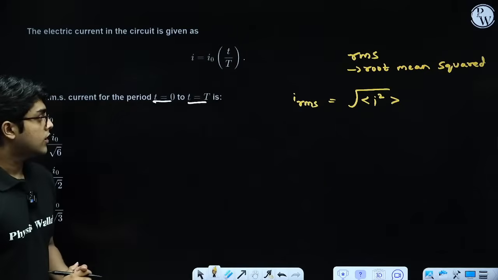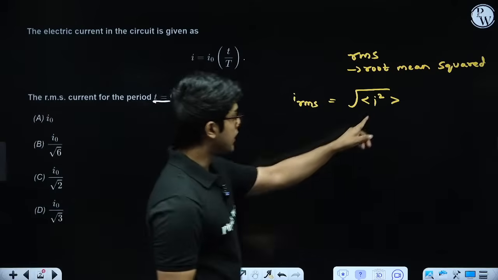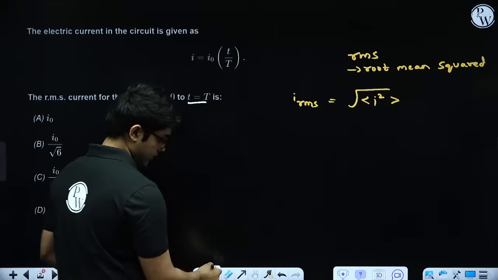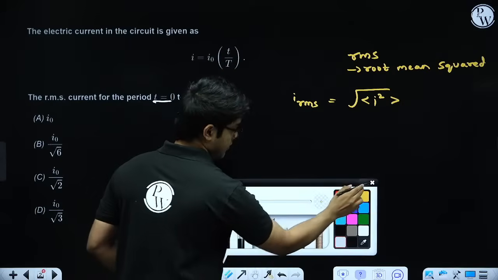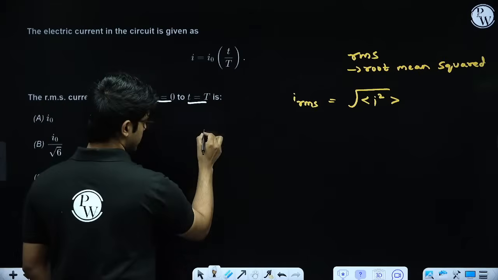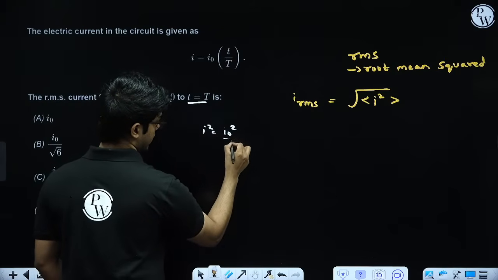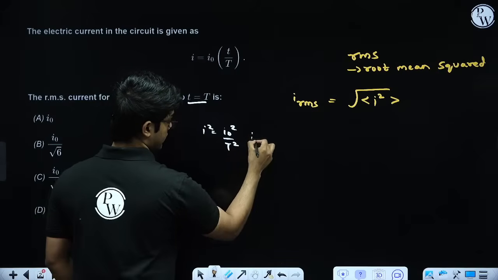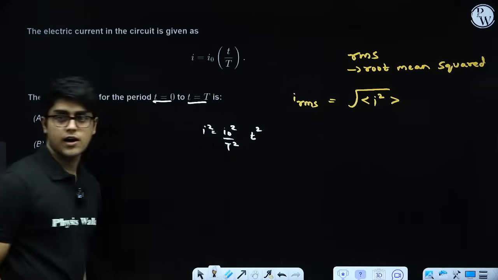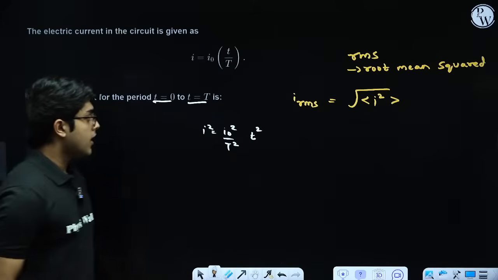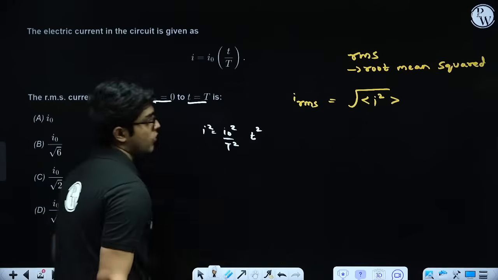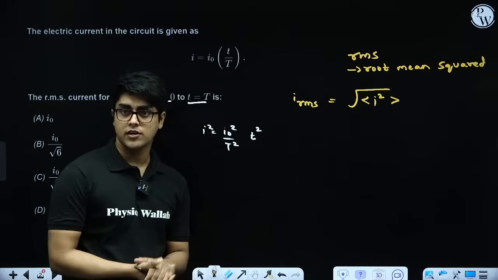Alright, so we start by writing down I square. Just square this function. I square is going to be I naught squared divided by T squared times small t squared. This is the I square function with time. Now we take the average of it.